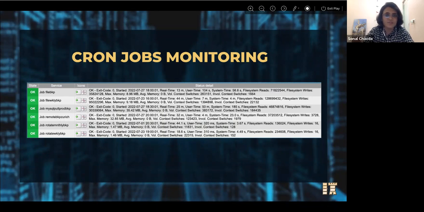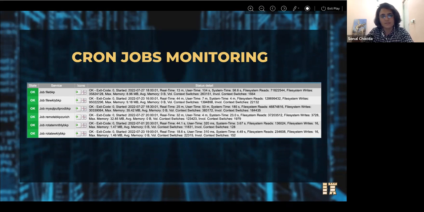For system admins, configuring cron jobs is one of the important tasks, because one needs to run scripts periodically or regularly for specific reasons.